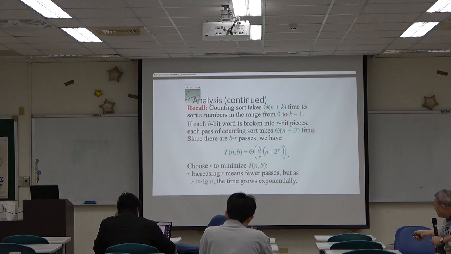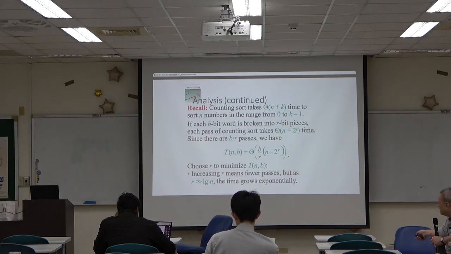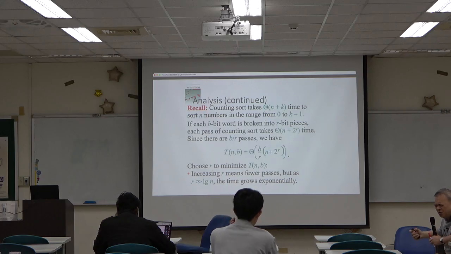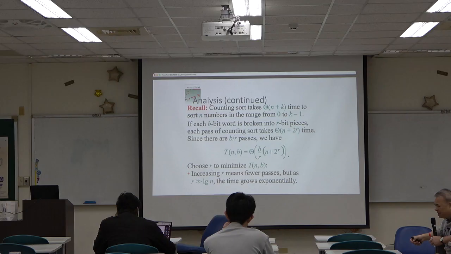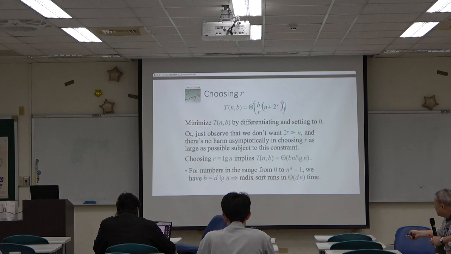So you need to choose r to minimize this T of n, b. Increasing r means fewer passes, but if r is larger than log n, then the time grows exponentially, because r appears in the exponent part of your time complexity. So you need to choose r wisely. So how to choose r?